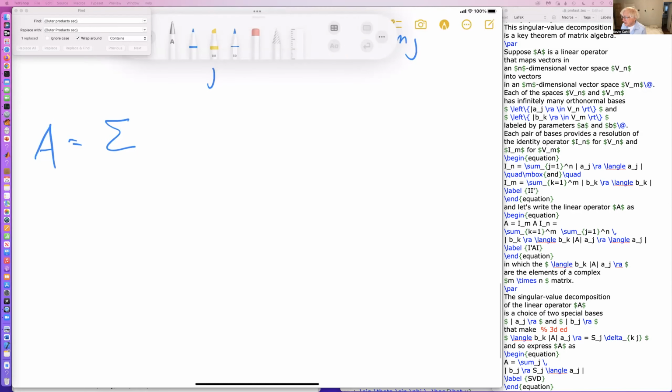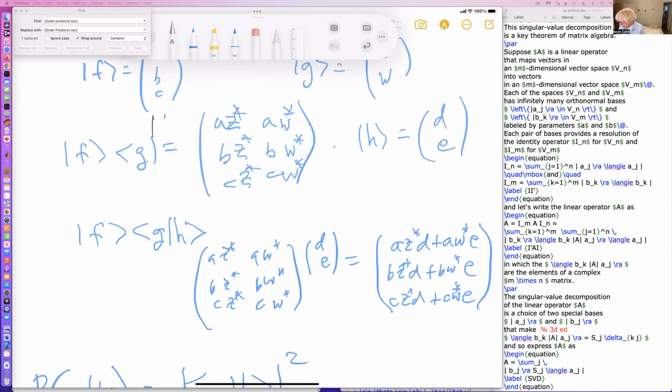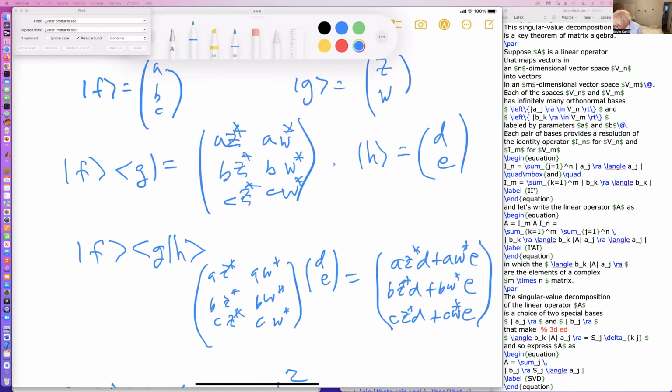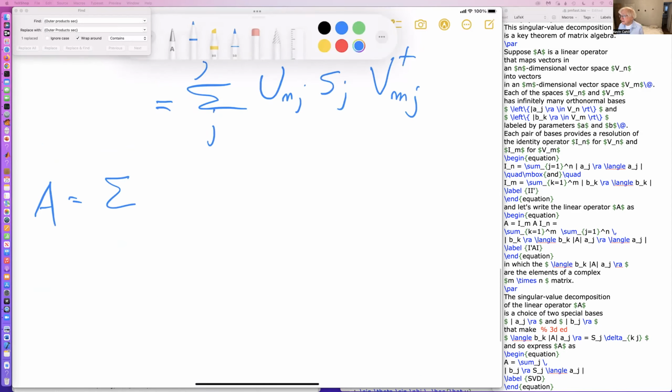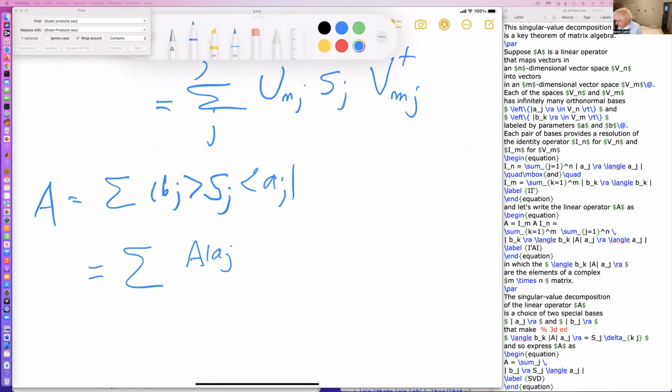So what we said here was that we wanted to write A as the sum of B_J, S_J, A_J. The B_J's, we said, were A on A_J divided by S_J, and then they're multiplied by A_J, and we're summing over J, and there's an S_J here that I left out.